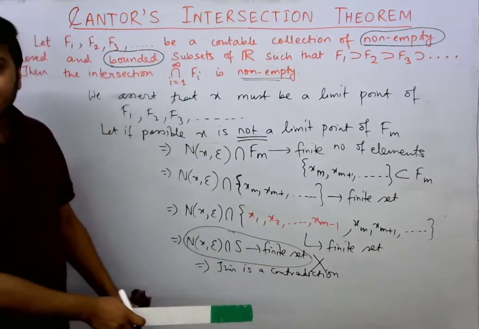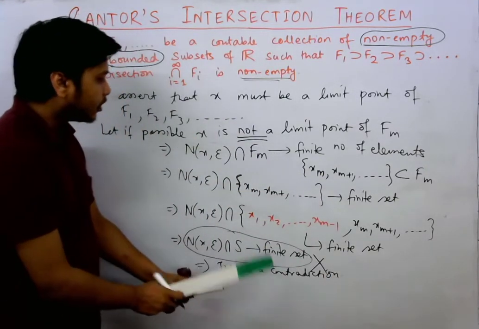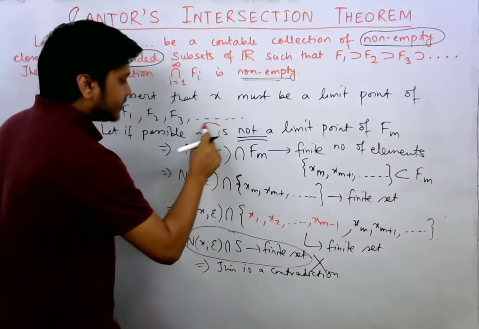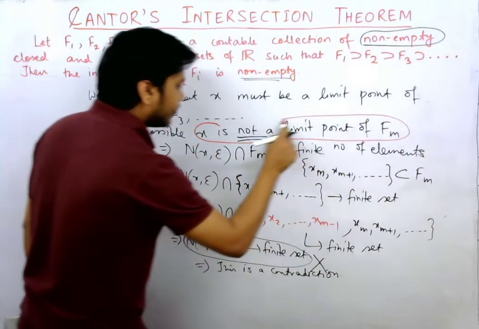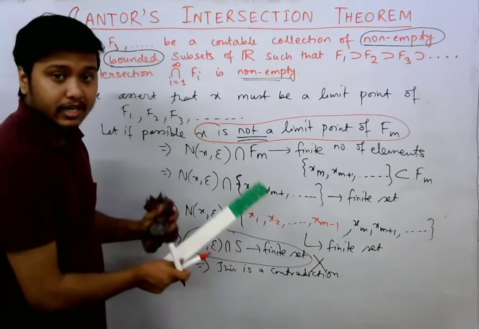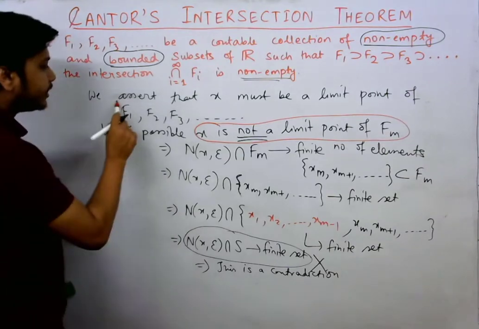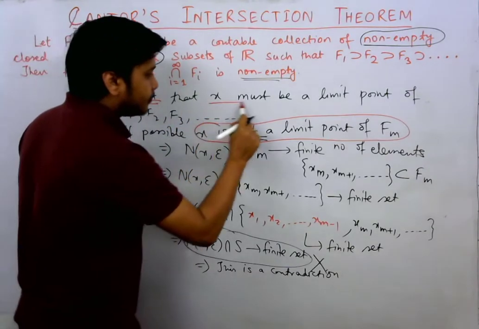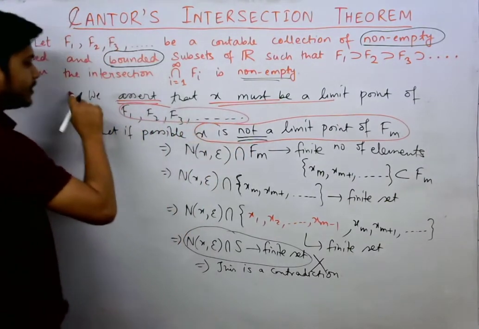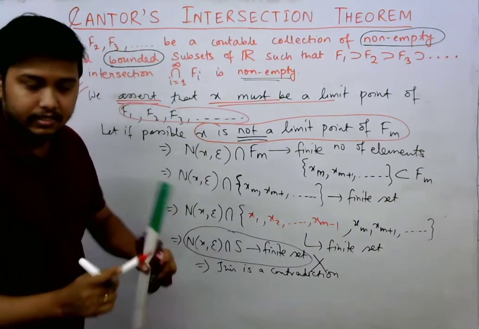So why did we arrive at this contradiction? We arrived at this contradiction because we had assumed that x is not a limit point of Fm. We had assumed this, that's why we reached this contradiction. That means the assertion that I had made, that x must be a limit point of all these sets, is correct, right?